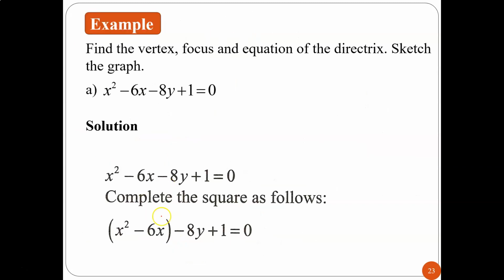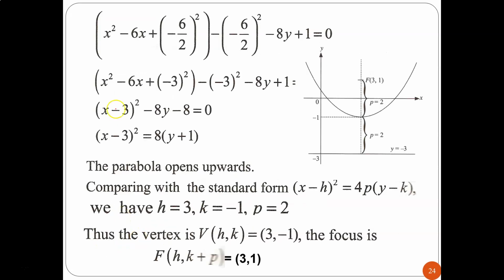Okay, so since we have already grouped the x terms like this, I refer back to this one, the b term. So I have another one, plus negative 6 over 2. The one here has negative 6.